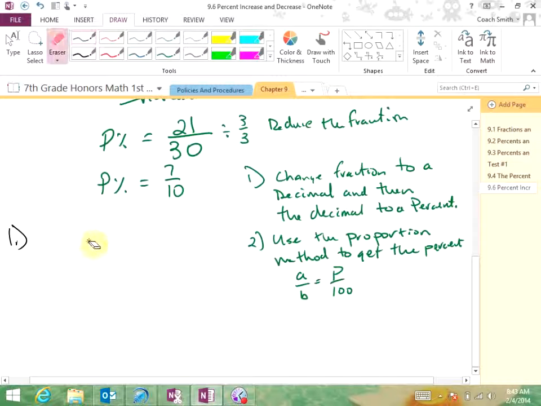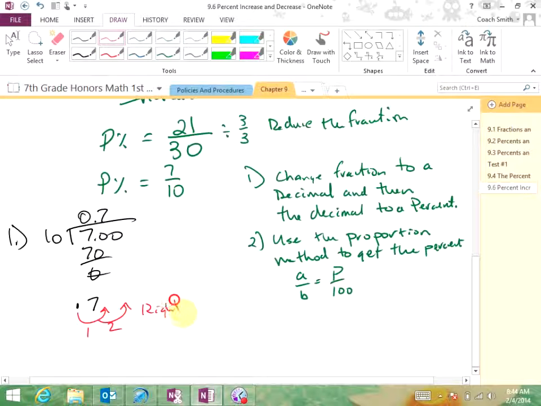Excuse me, other way around. I reversed them. Okay, 10 into 7 doesn't go. 10 into 70 goes 7 times. 70, remainder 0. So you'd have 0.7, and then we'd have to move the decimal twice to the right. And that would give me 70%.